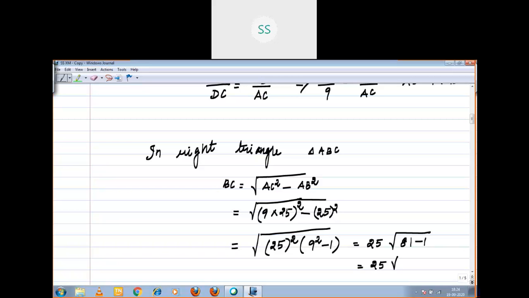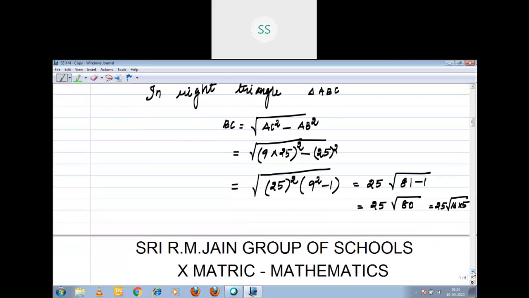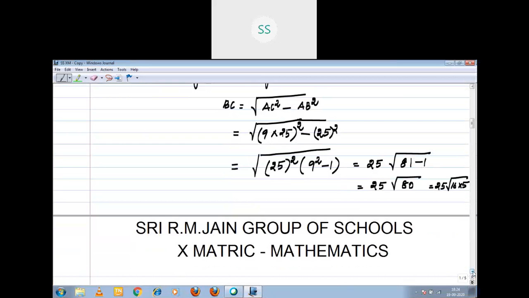Then what should be the rest? 9 square minus 1. When it becomes 25 square, when you are taking square root, what can you get? 25 square root of 81 minus 1, which is equal to 25 square root of 80, which is equal to 25 into square root of 16 into 5.